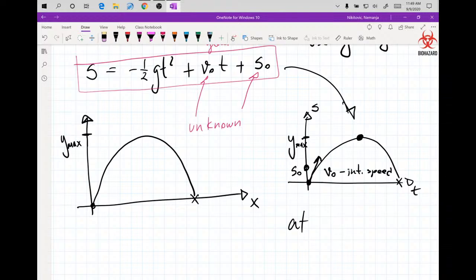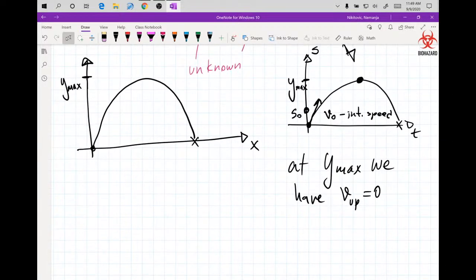So let's put Y max. We have V up equal to 0. So you can use the equation V equals V0 minus GT, right? That's technically your V up.